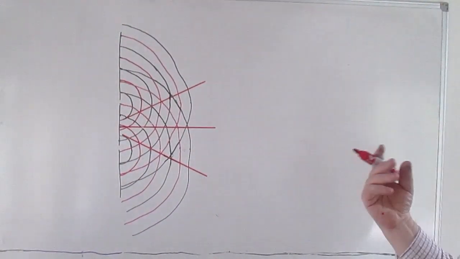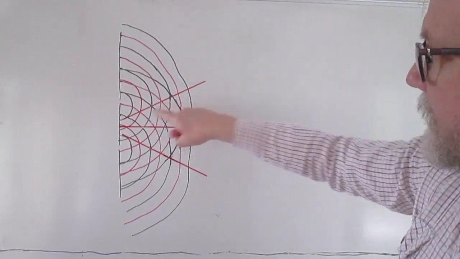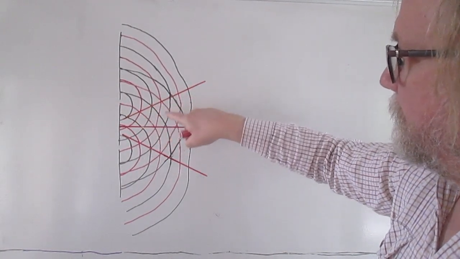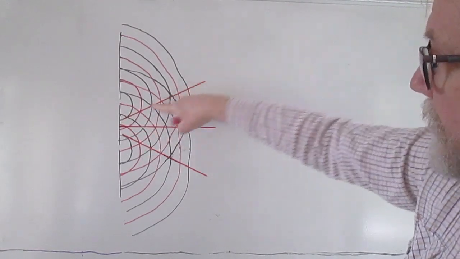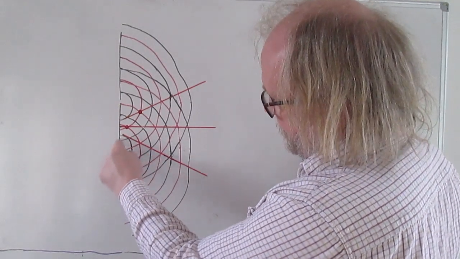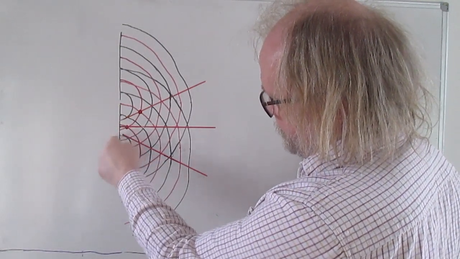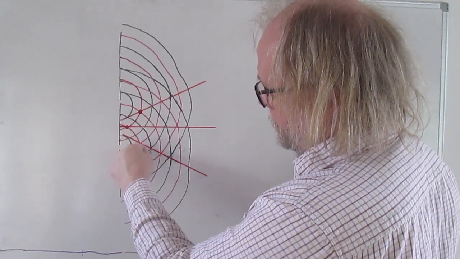So just returning to this pattern a little bit, it's also interesting to look at what the relationship is between successive points along this line where you get the constructive interference. So at that point you can see that effectively the wave has travelled one wavelength in all directions around this semicircle here.